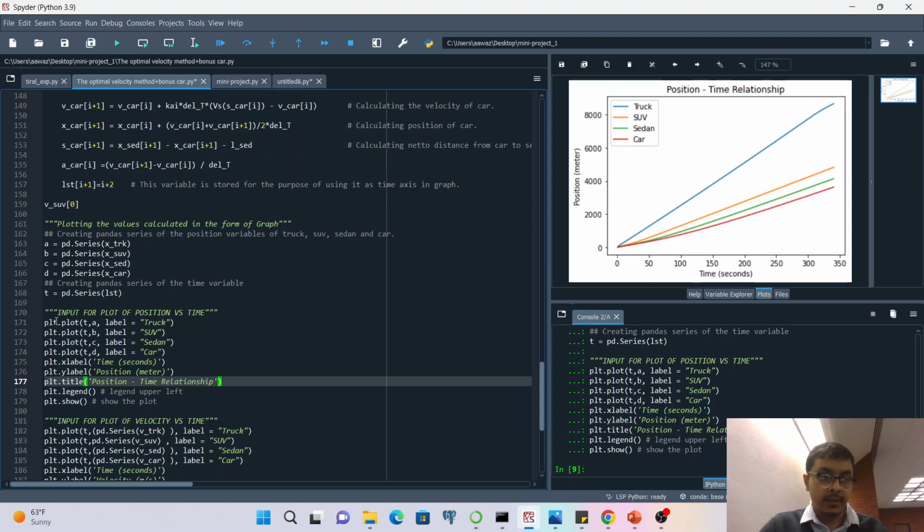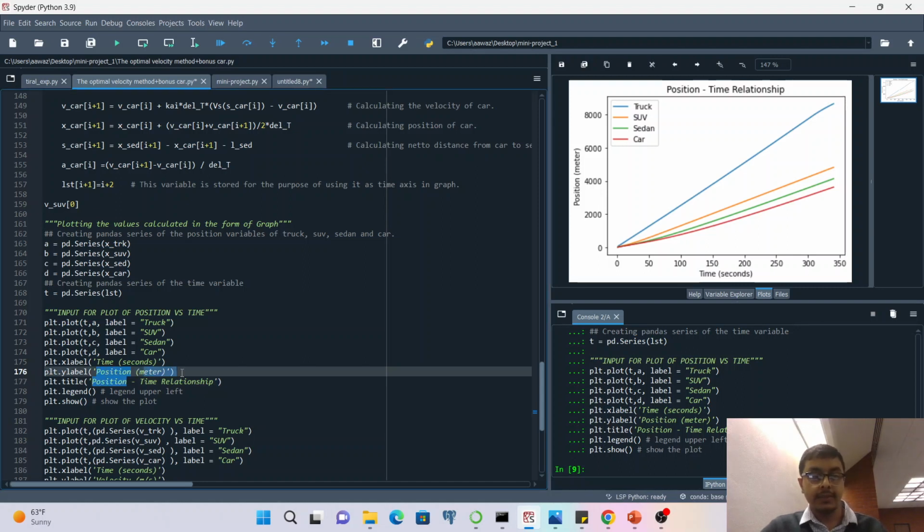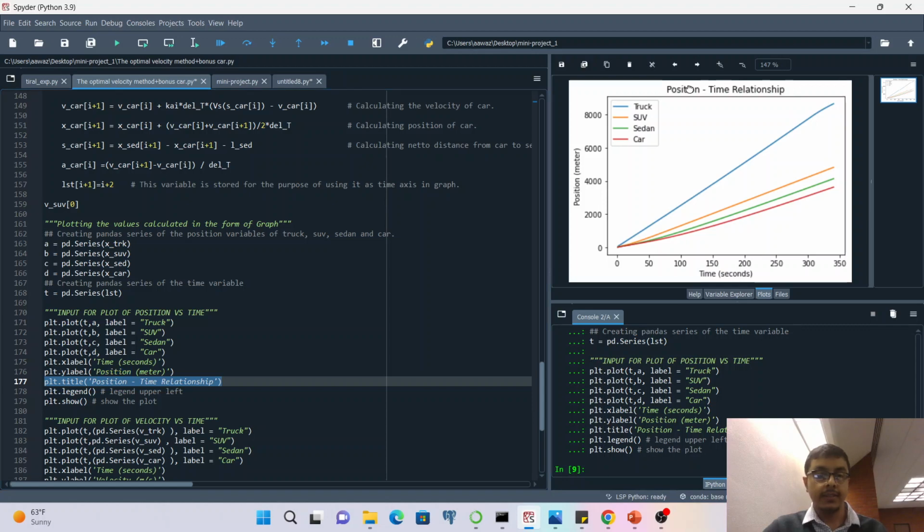To plot, we gave the labels truck, SUV, sedan and car, so that this legend appears right here and we know which one is for which. This time in seconds is just the index for the x-axis, and for the y-axis we have position in meters. And this is the title, the PLT title command for giving the title to the graph.